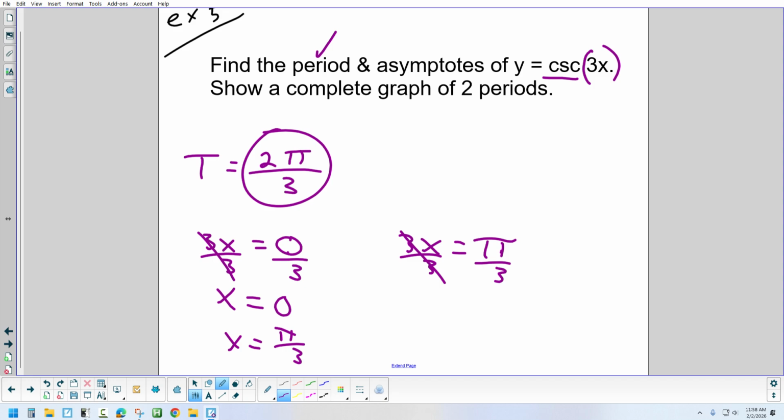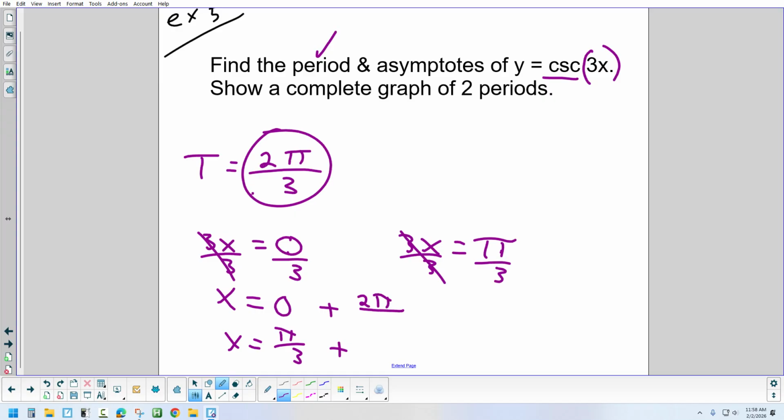If that's all you write, you've given me 2 asymptotes. You need to tell me that they repeat. So what do we put on the end to indicate that they repeat? Well, we put plus the period times n. Right, this is the period.